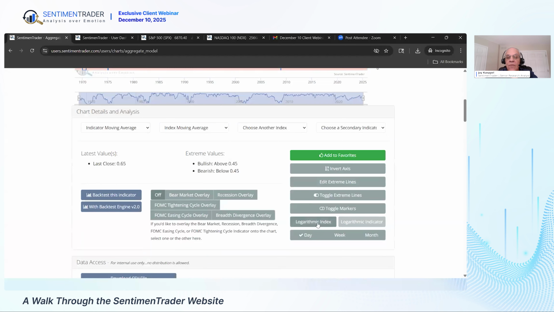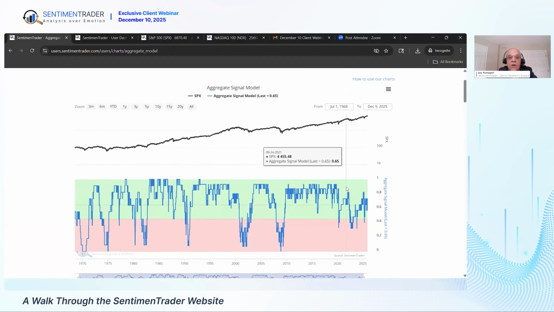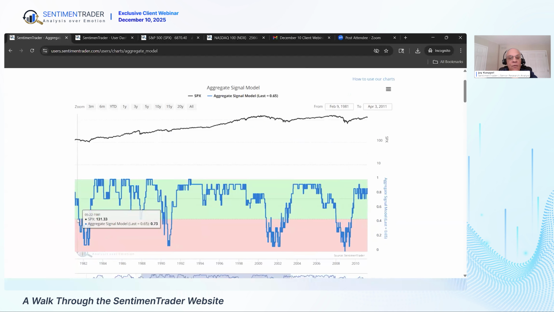Another thing I find helpful is to come down here and click logarithmic so that it gives you a little more ability to read the top chart, the price chart. And the theory here is if this indicator drops below 0.45, it's unfavorable, and above 0.45 is favorable. Okay, so that makes good sense.